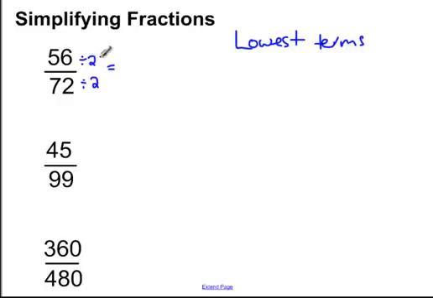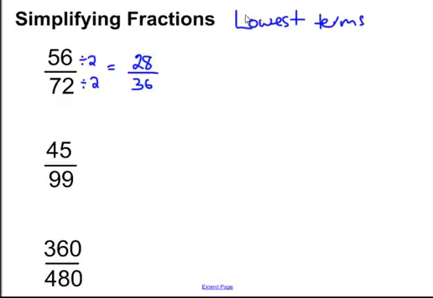So 56 divided by 2 is 28, and 72 divided by 2 is 36. Now, that's simplified, but is it in its simplest form, or its lowest terms? Let's see. Can I divide the top and the bottom by anything?